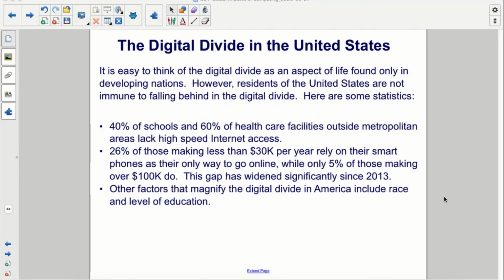It is easy to think of the digital divide as an aspect of life found only in developing nations. However, residents of the United States are not immune to falling behind in the digital divide.